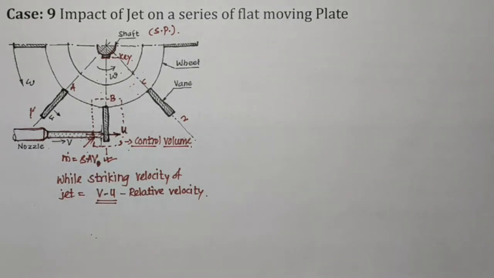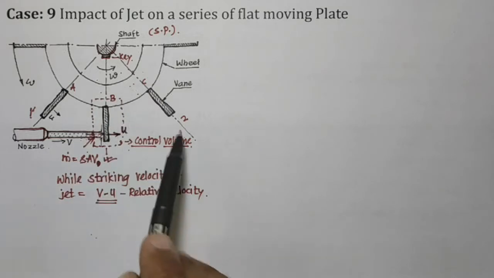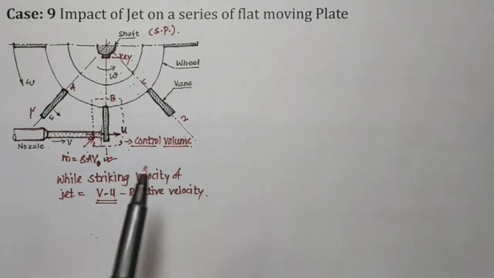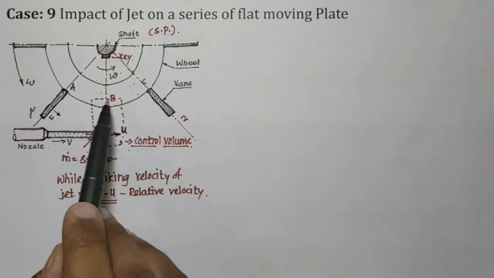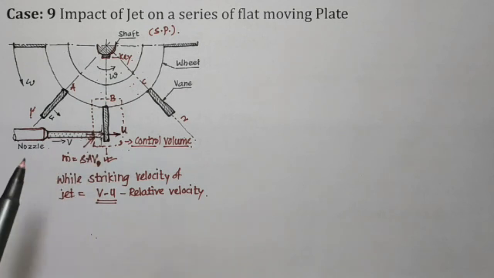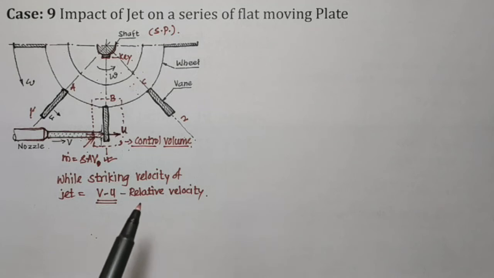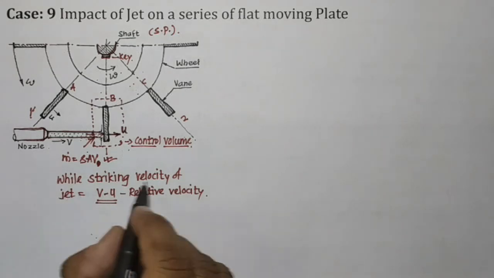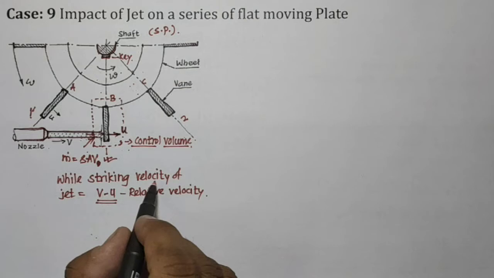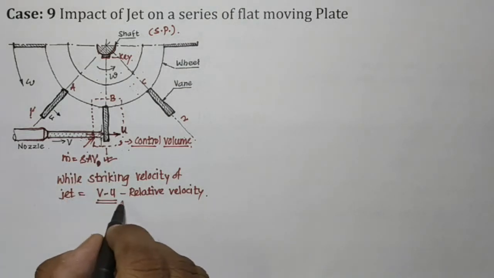So this difference is to be understood. In many books, this clarification is not given with the help of this control volume analogy. So I have tried to explore every bit of how the energy transmission occurs, as well as why this mass flow rate is to be taken as rho a v only and not rho a (v minus u).